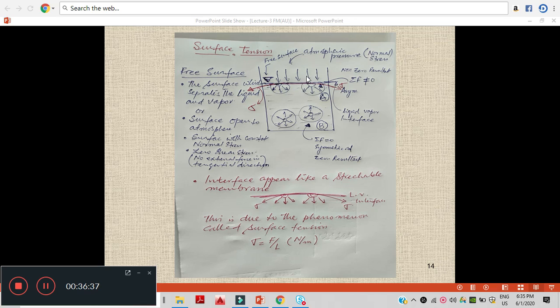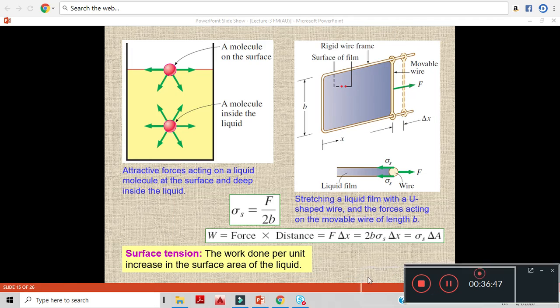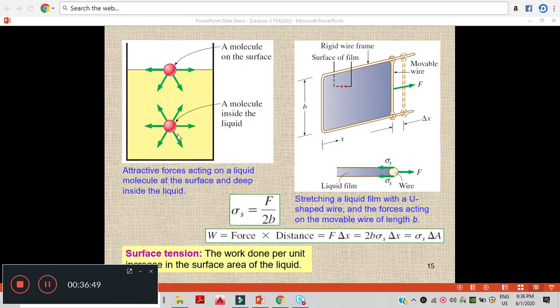That means there is a force acting from this side and a force acting from this side as well, that means 2F. Here you can see more clearly in the picture, the forces acting on the particle symmetrically.